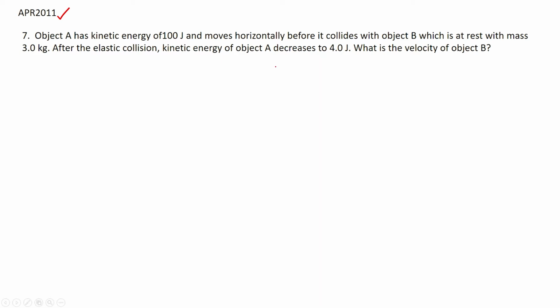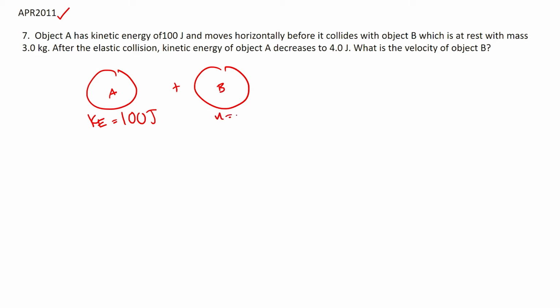Okay, we have to understand the question. Object A and object B collide. So for object A, the initial kinetic energy equals 100 joule, and it collides with object B at rest.